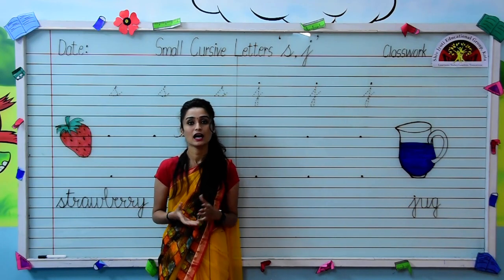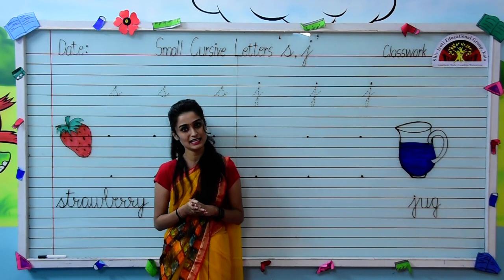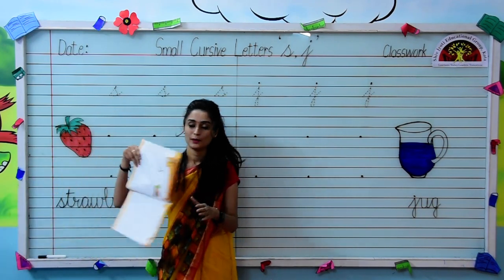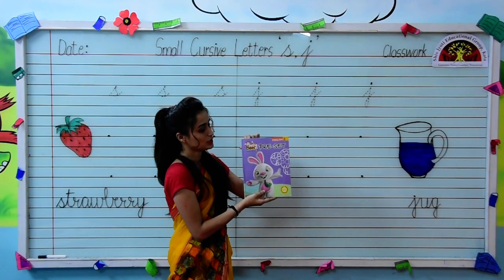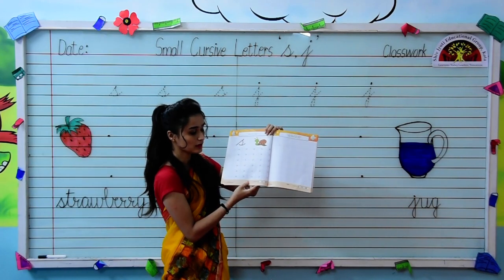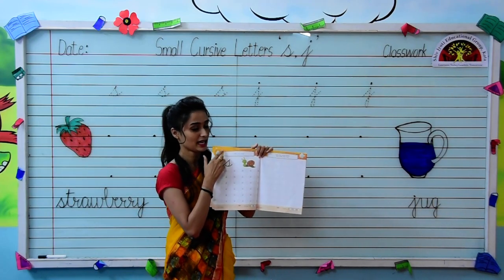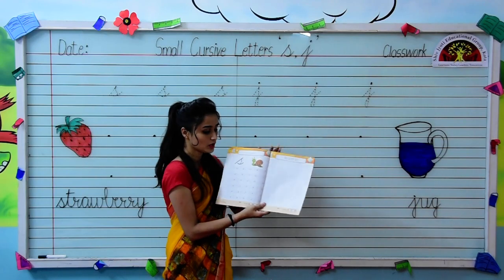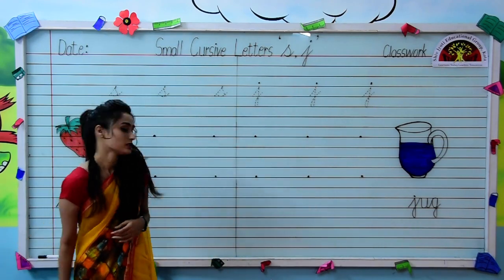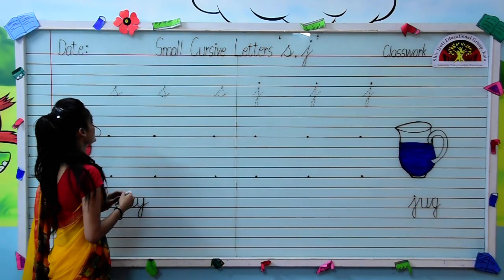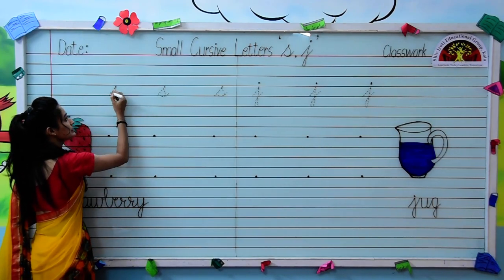Now we will see how to write small cursive letter S and J in preset book. So kids, open your page number 46 and do not forget to mention the date and the classwork on the top. Okay kids, now put your pencil on the third line.